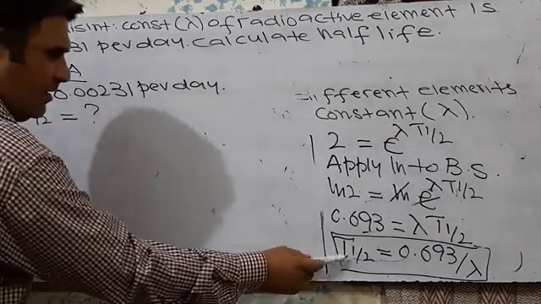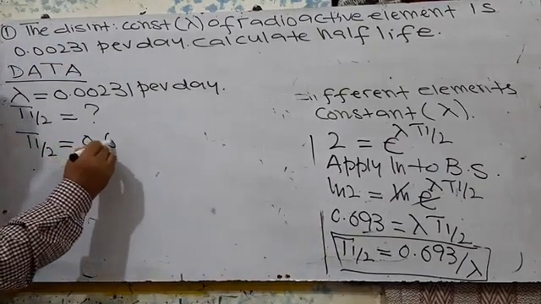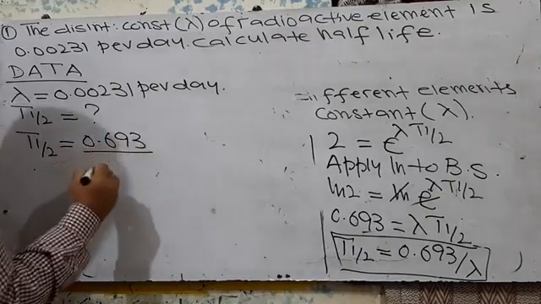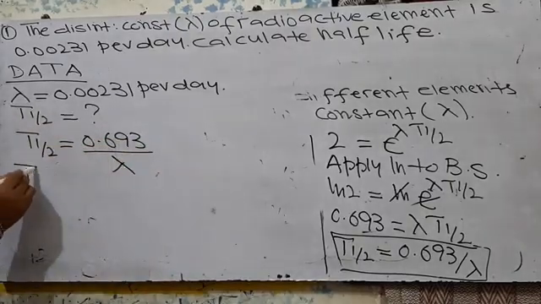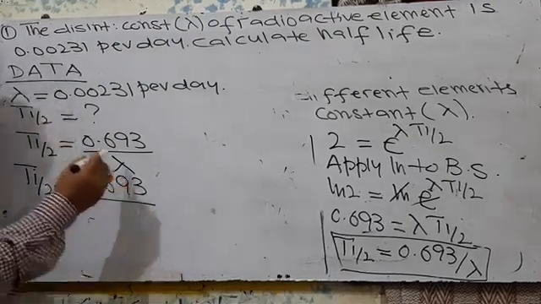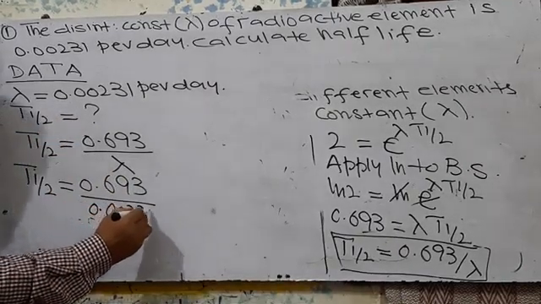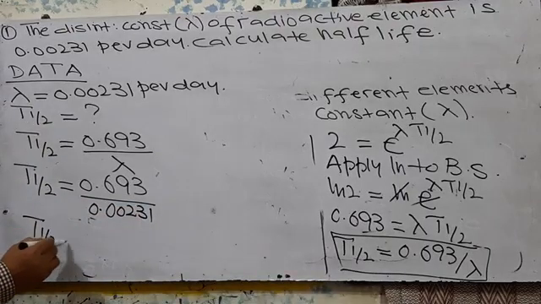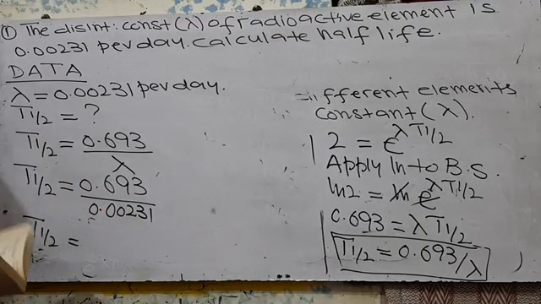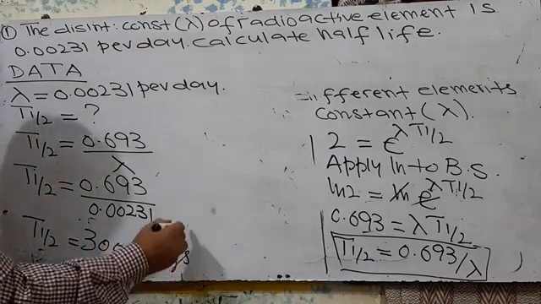So from this formula of the half-life, T1/2 is equal to 0.693 upon lambda. So T1/2 is equal to 0.693 upon, insert the value of lambda, 0.00231. When you get the solution, the answer will be about 300 days.